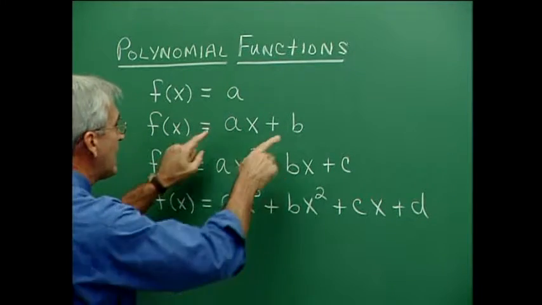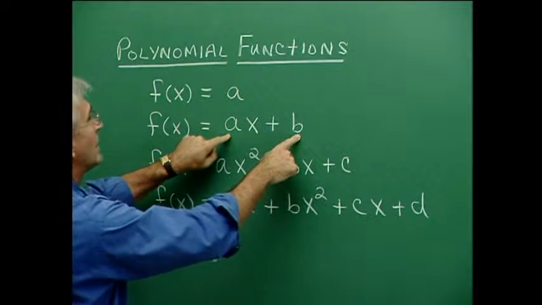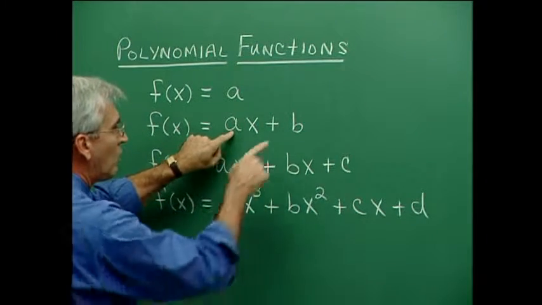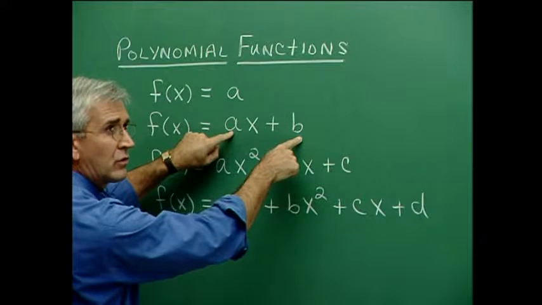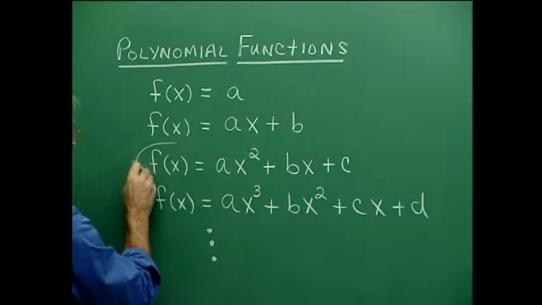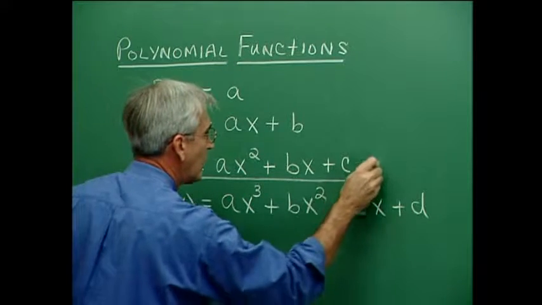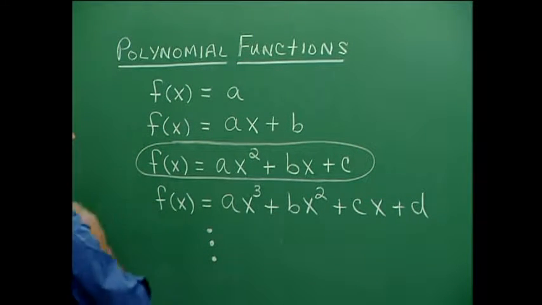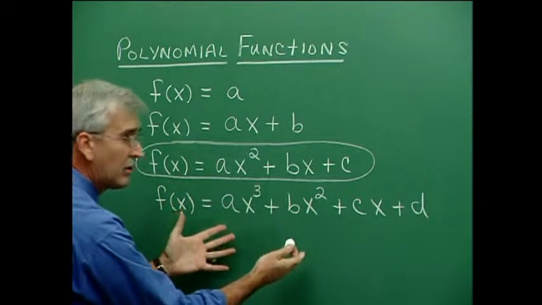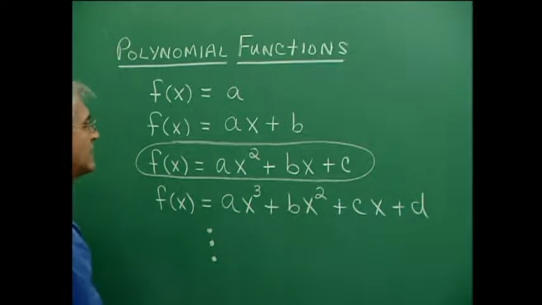And we know that if we see a polynomial function in this form, we can read its slope and y-intercept, so we can describe the behavior of the graph rather easily. Well, now we're talking about quadratic functions, and that's this rascal right here, second-degree functions. And later we'll be talking about third-degree polynomial functions and beyond.